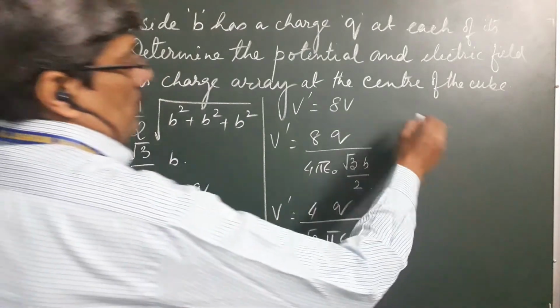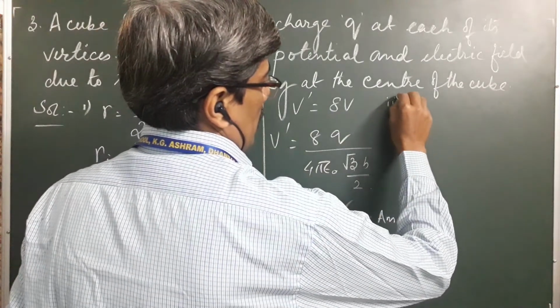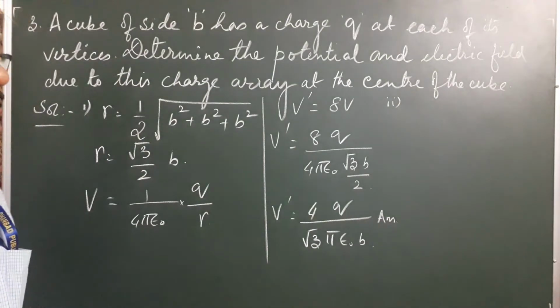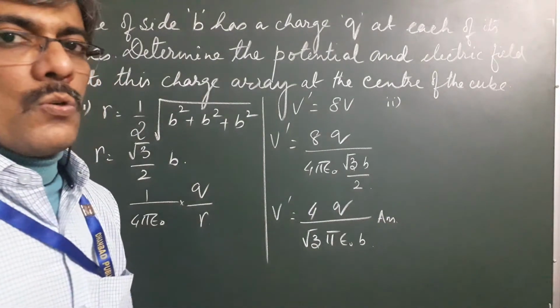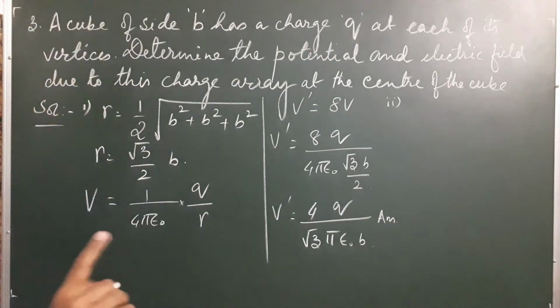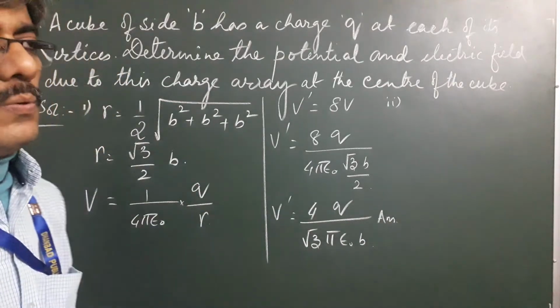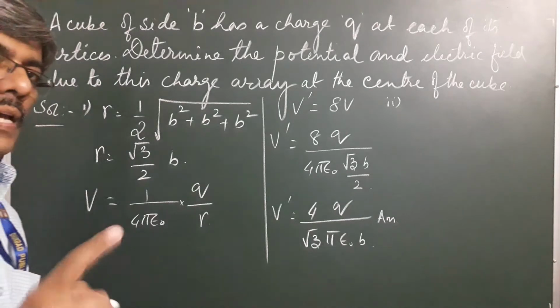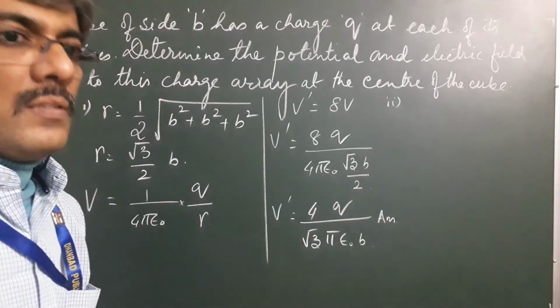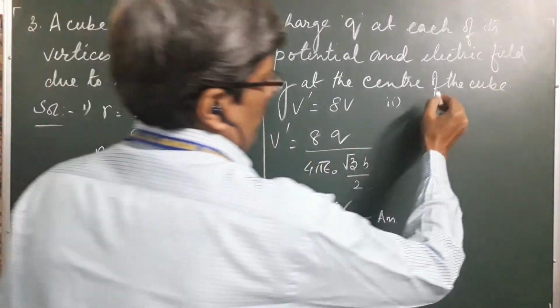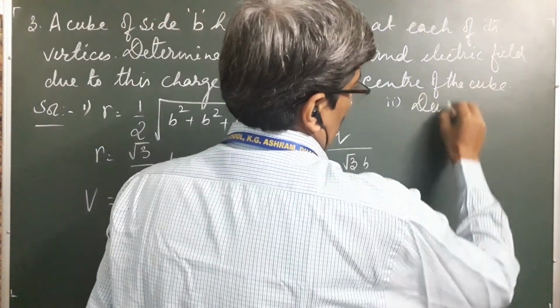Now, as far as the electric field is concerned, the second part, since there are equal charges on opposite vertices, the electric field due to each pair would be 0 at the center. Among the 8 charges there are similar pairs, so the net electric field is 0.